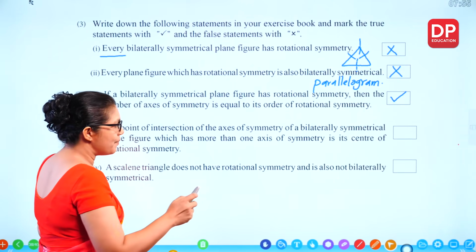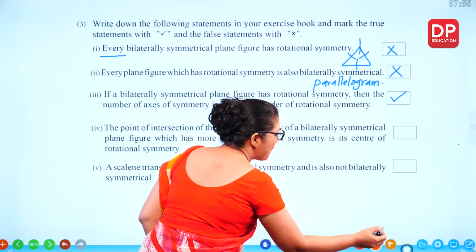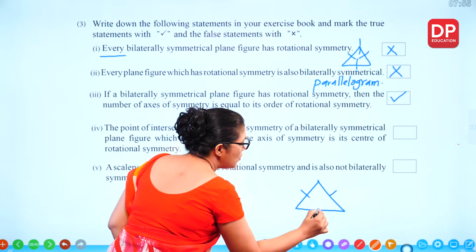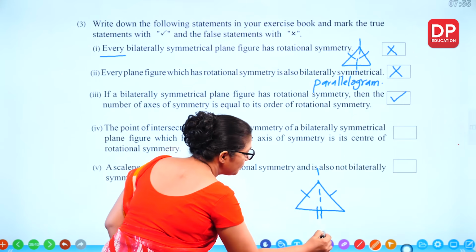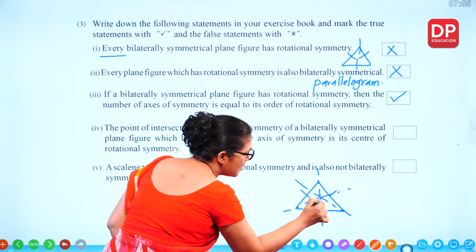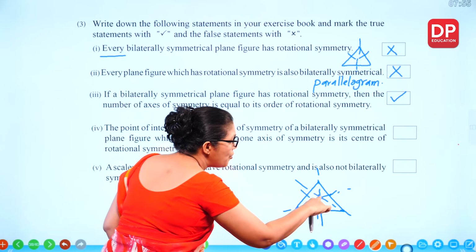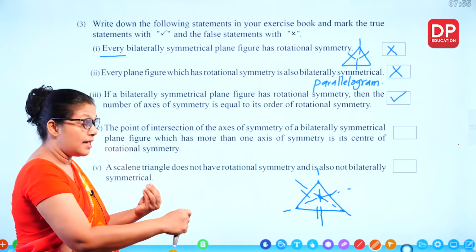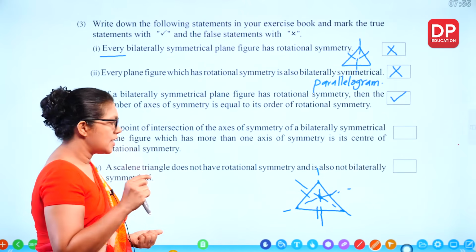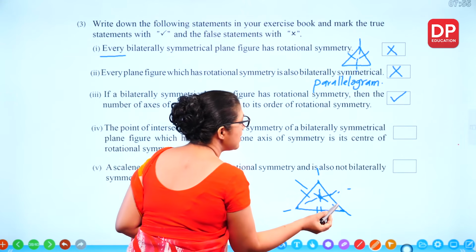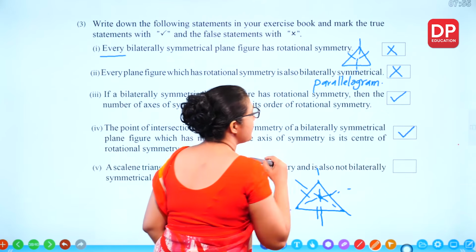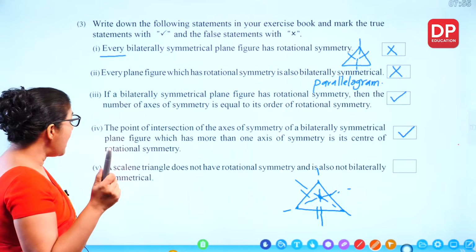So that's true, because when you take an equilateral triangle and draw the axes of symmetry, they intersect at a point, and when you rotate about that point, you get the same figure 3 times. So this is called the center of rotational symmetry. So that's correct.